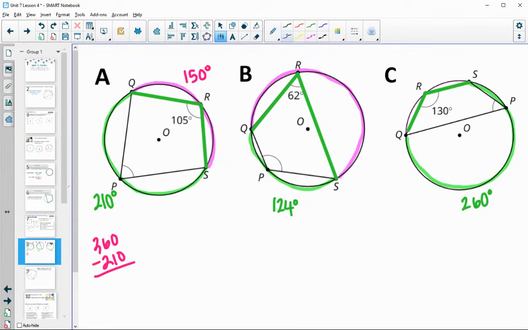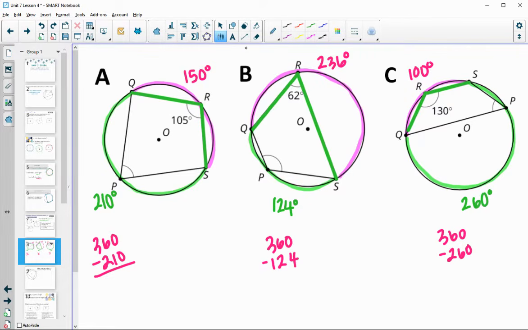For this one, we can do 360 minus 124, and we would get 236 degrees. And for this final one, 360 minus 260, so we would get 100 for that remaining arc.